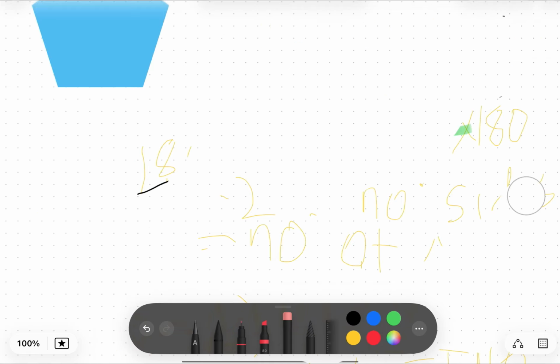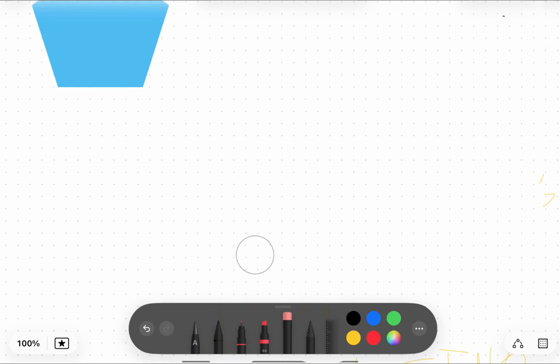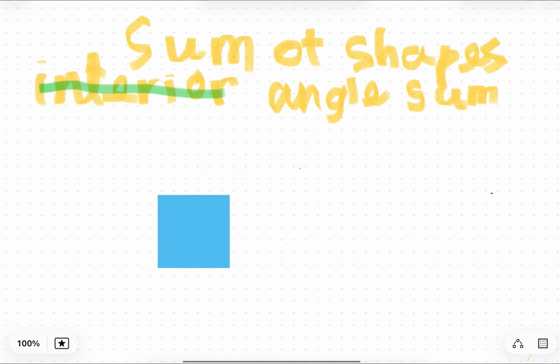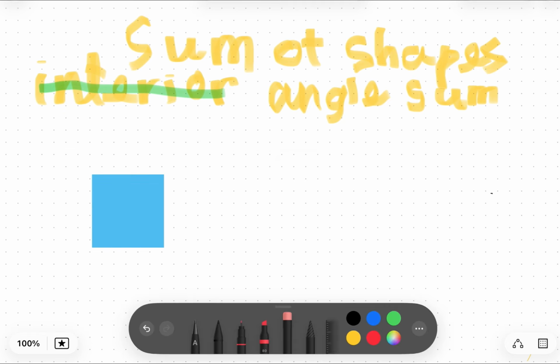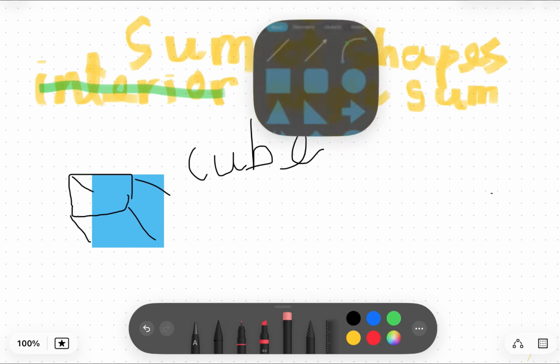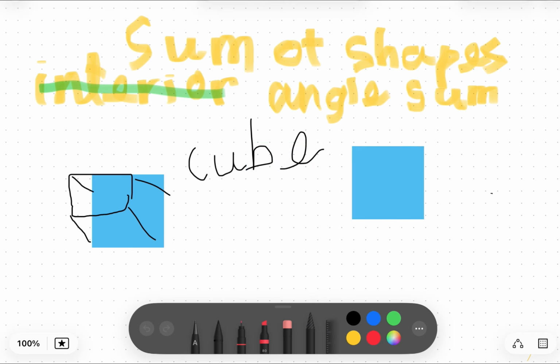So in 3D shapes, what I'm gonna do in a couple of seconds is take a square over here and say we're doing this for a cube. Let me take another square over here.